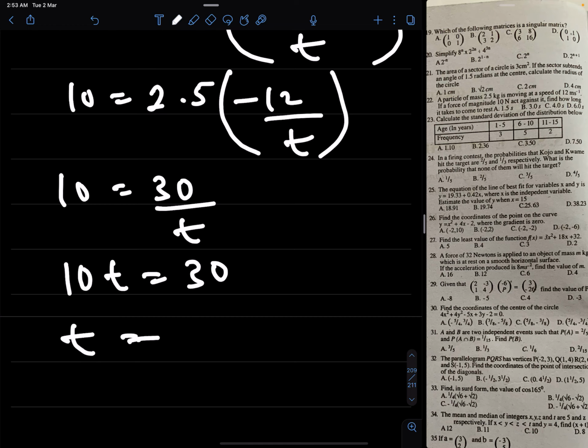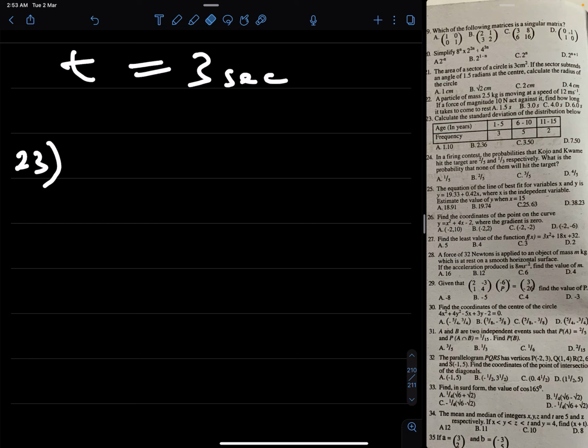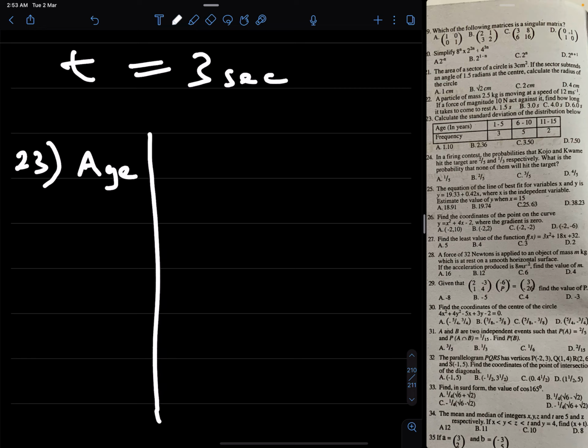And now to the next, which is 23. Calculate the standard deviation of the distribution below. Alright, I need to make a table.